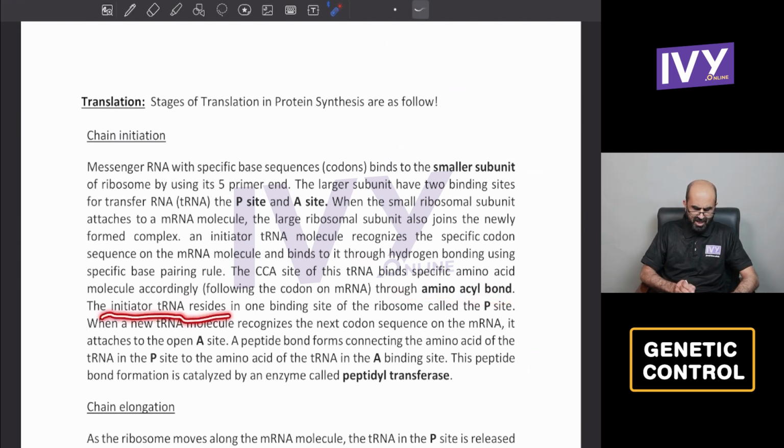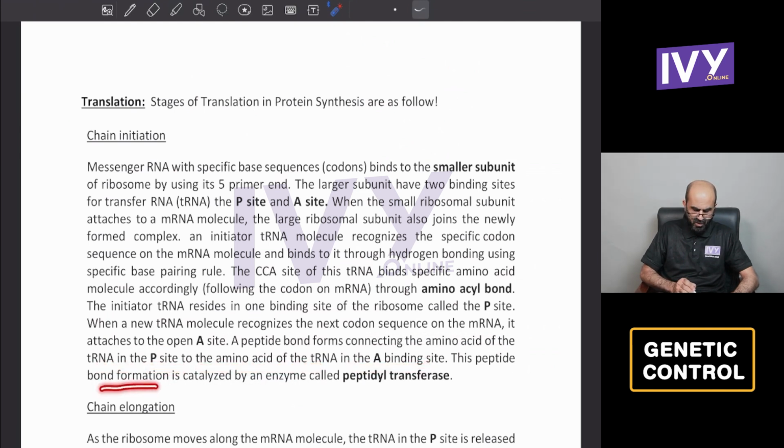The initiator tRNA resides in one binding site of the ribosome called the P site. When a new tRNA molecule recognizes the next codon sequence on the messenger RNA, it attaches to the open A site. A peptide bond forms, connecting the amino acid of the tRNA in the P site to the amino acid of the tRNA in the A site.